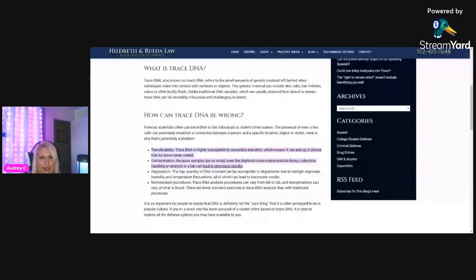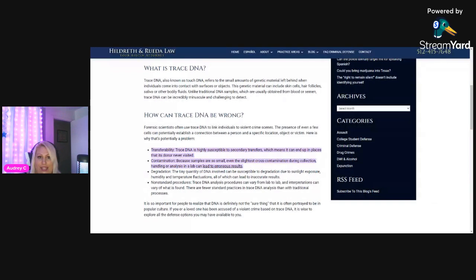Trace DNA is highly susceptible to secondary transfers, which means it can end up in places that its donor never visited. Contamination. Because samples are so small, even the slightest cross-contamination during collection, handling, or analysis in a lab can lead to erroneous results.